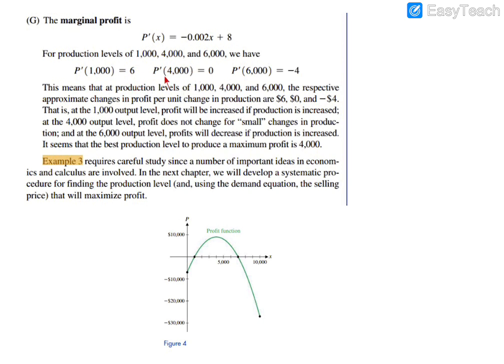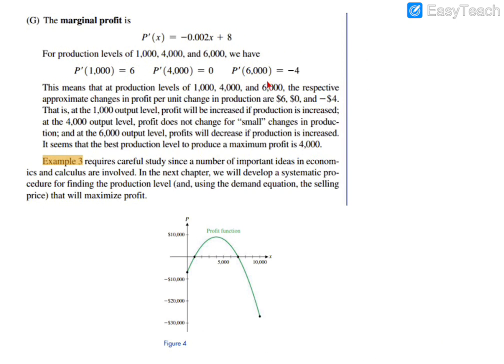Okay. So at the production level 4,000, the change in the profit is $0, while the change of the production is 1 unit, or a small change.